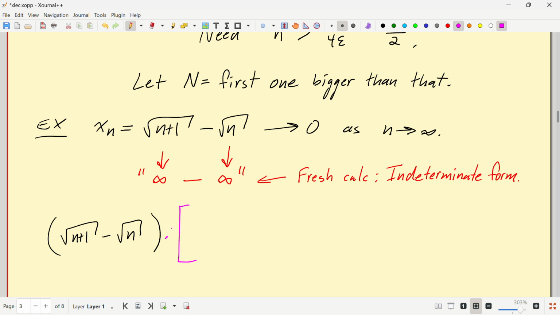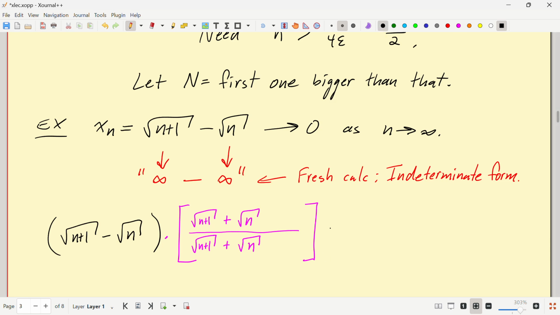It's kind of like rationalizing the denominator, stuff you learned how to do in junior high. So the big idea is to make the numerator a difference of squares, so I'm going to multiply by 1 in that form. I didn't change the value by doing that.